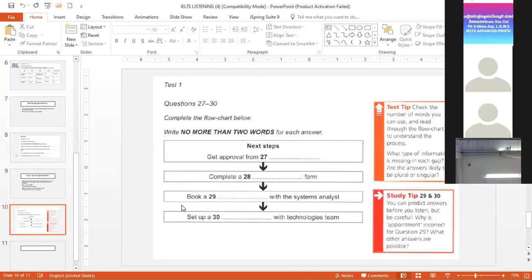This one, is this matching or writing? Look at this question. Is it matching or writing, everyone? Writing. How many words can you write? 2. Is there a number over there? No. Okay, so look at the questions.